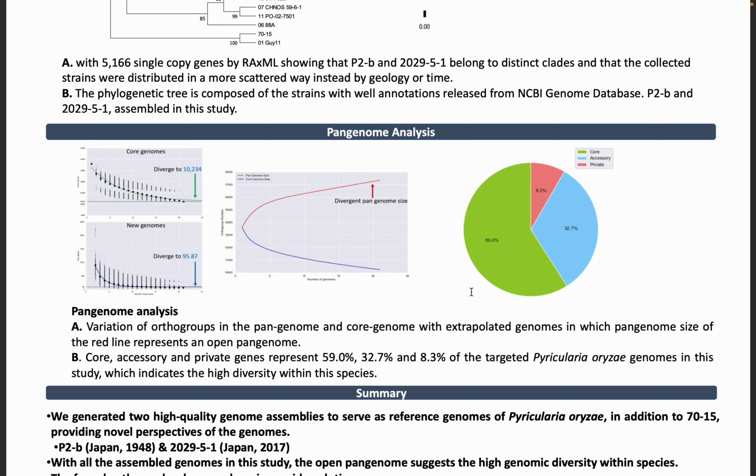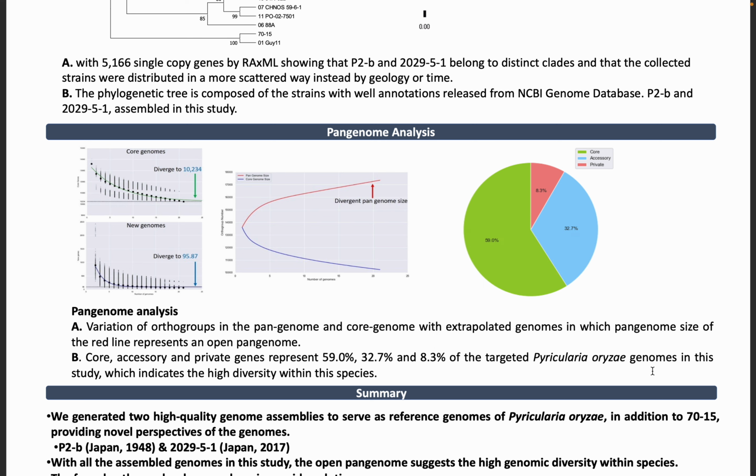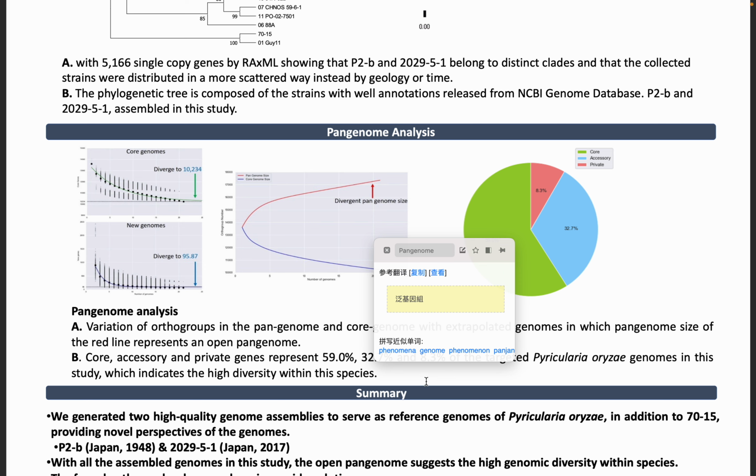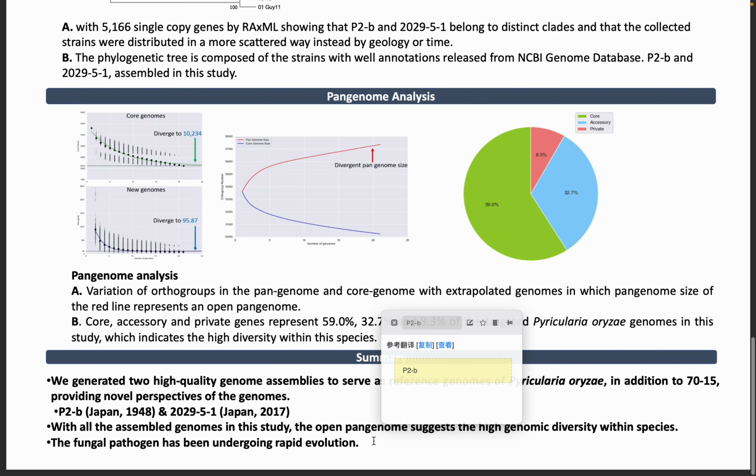So they represent around 60%, 30% and 10% of the targeted Pyricularia oryzae genomes in this study. It indicates the high diversity within this species, and I have to emphasize that it is within this species, so this is really a high diversity.